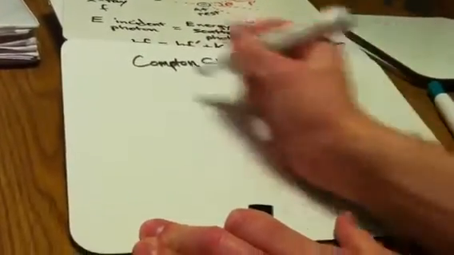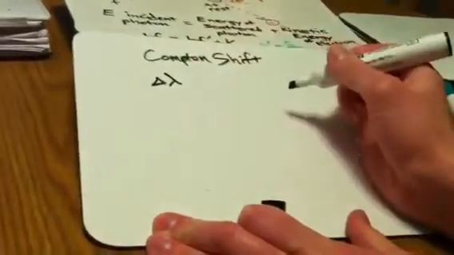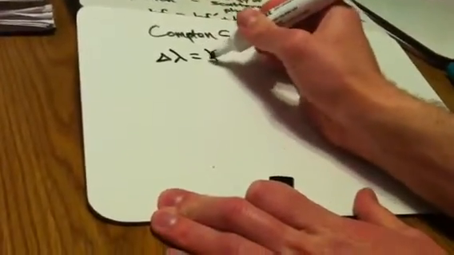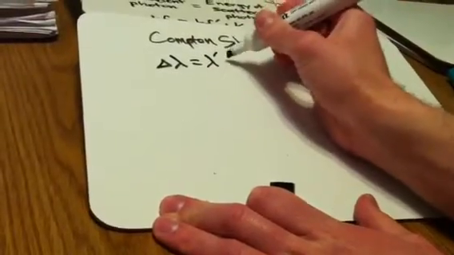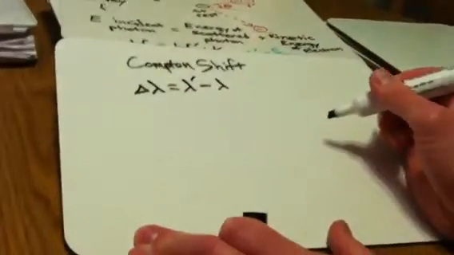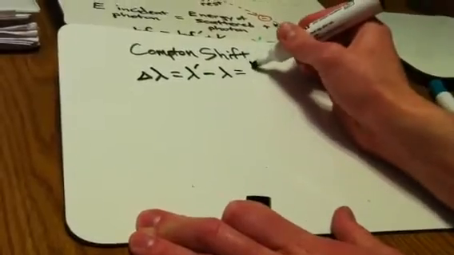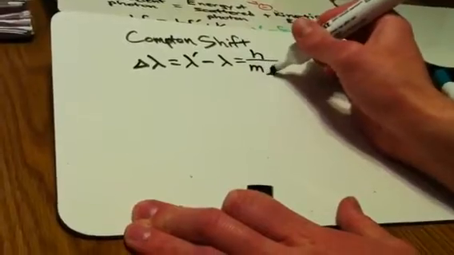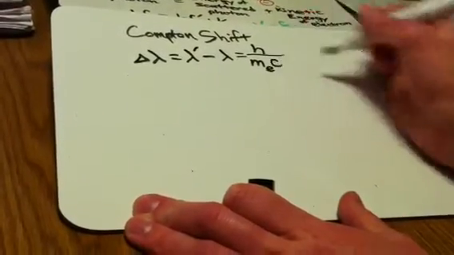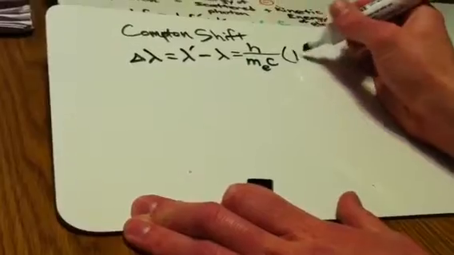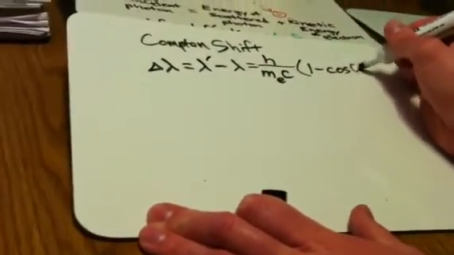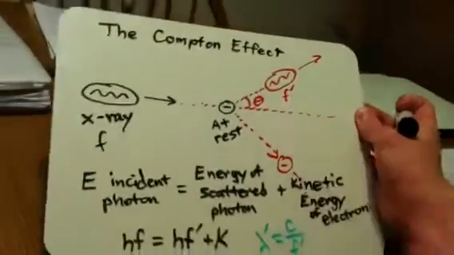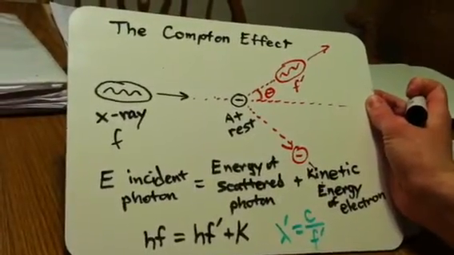So to measure our Compton shift, it's a change in wavelength, which means that it's the final one minus the initial, and that is equal to h, Planck's constant, divided by the mass of the electron times the speed of light, multiplied by 1 minus cosine of theta, where again, remember from the previous diagram, theta is the angle between the original direction of the photon and the scattered direction of the photon.